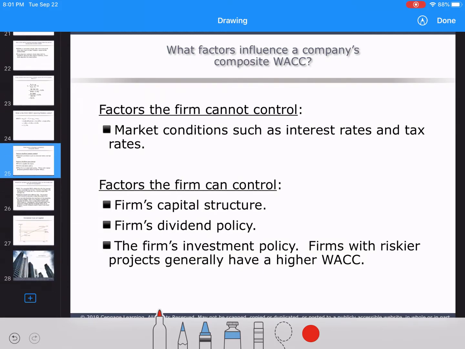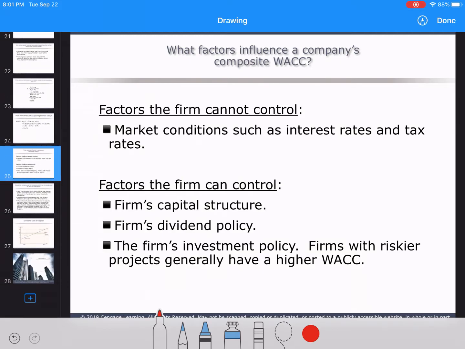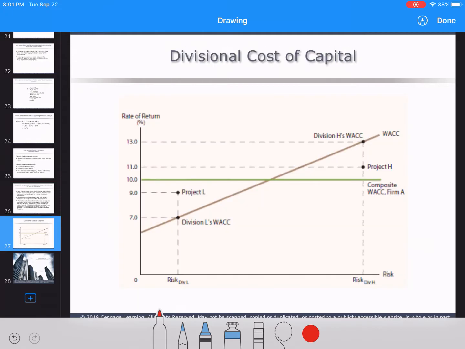So there are other things that need to be considered. If you get a weighted average cost of capital, we call that the composite cost of capital, but you can have multiple divisions in your corporation. This one is your composite, 10%.